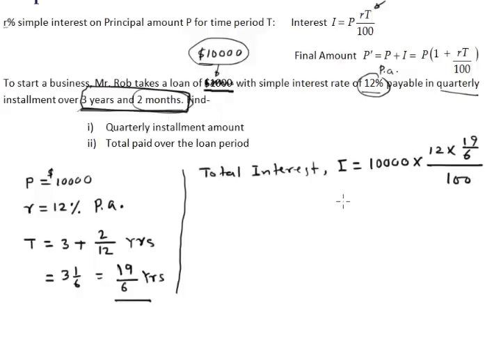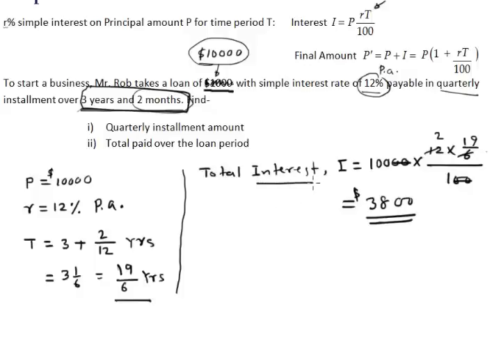So if we calculate this value, 6 and 12 will give 2. This 20 and this 20 can be cancelled. So 9 times 19 is 38, and then this 20. So 3800. So Mr. Rob is paying a total of $3,800 of interest, which we found in our previous approach as well.